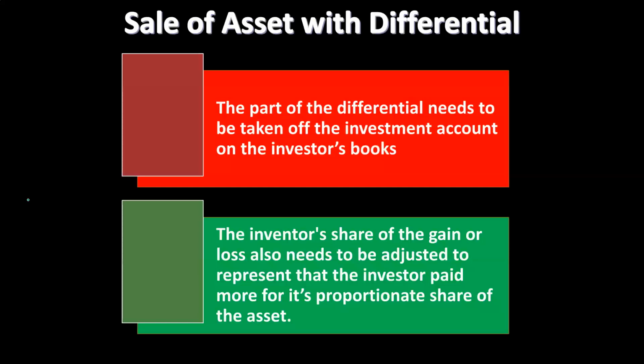The investor's share of the gain or loss also needs to be adjusted to represent that the investor paid more for its proportionate share of the asset. So when the property, plant, and equipment is sold by the subsidiary, they're going to record the sale and the related accumulated depreciation and the related gain or loss.